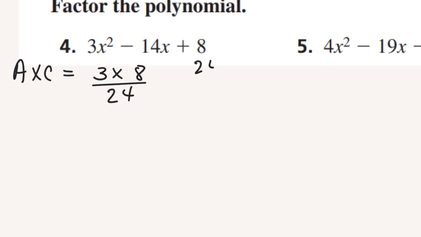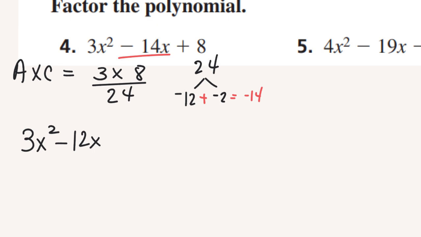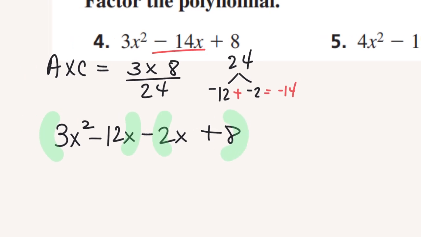So what two factors give me 24? And both of them negative. I know it's negative 14, so now it could be negative 12 and negative 2, because these added together give me negative 14. Rewrite my equation: 3x squared minus 12x minus 2x plus 8. Break them into binomials.